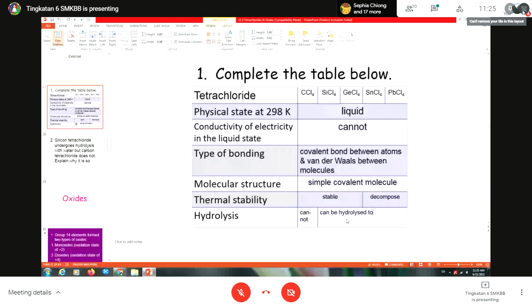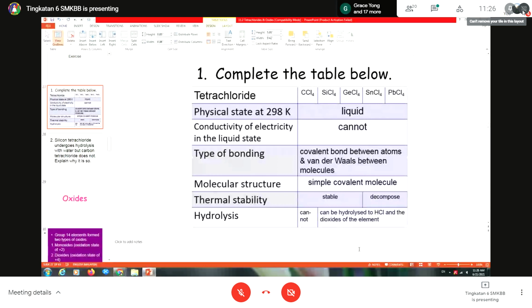SiCl4, if hydrolyzed, that means when reacted with water, gives HCl and the oxide, or you prefer, you can always put the dioxide of the elements, because they all become O2, right?